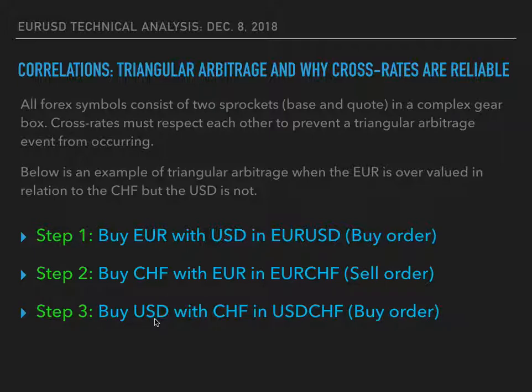So if the US franc overvalues the euro, you can place orders in this order in correlation to the symbol. Now you can do the same thing with the US dollar if the franc overvalues or undervalues either one. You just have to place the orders in the proper order.